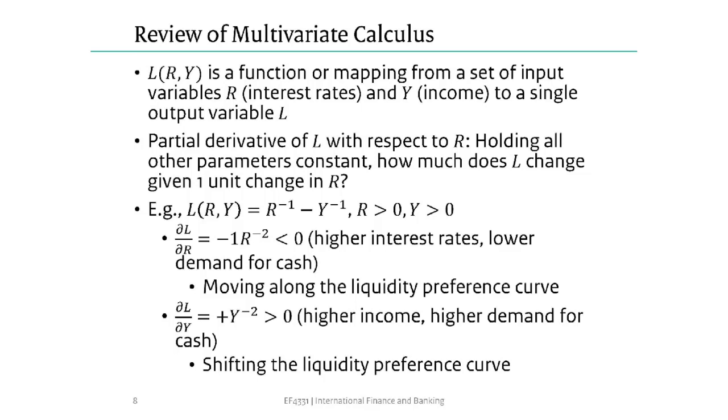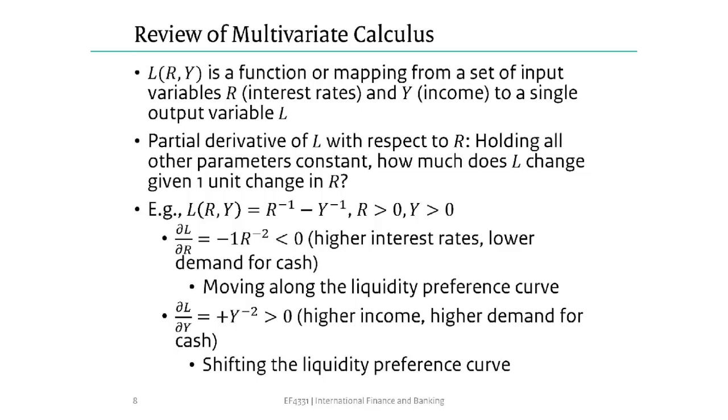For Y, the derivative is positive, so the slope between L and Y is positive: L increases when you increase Y, and L decreases when you increase R. If you want to recreate these graphs on a computer, you can use that functional form. I use it because it looks like the forms in the textbook.